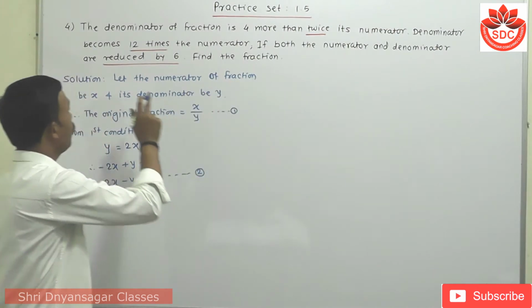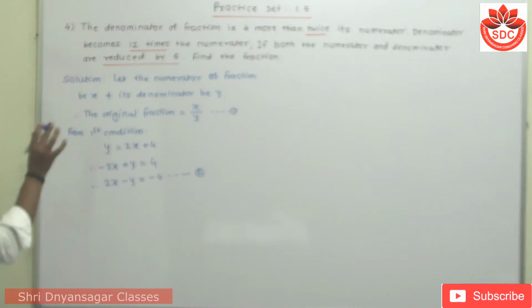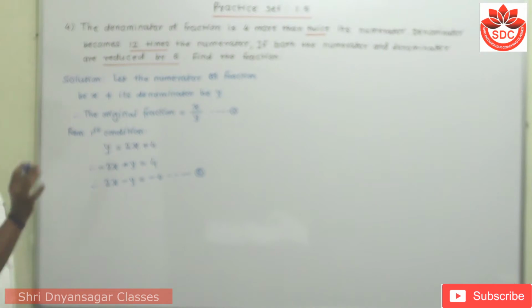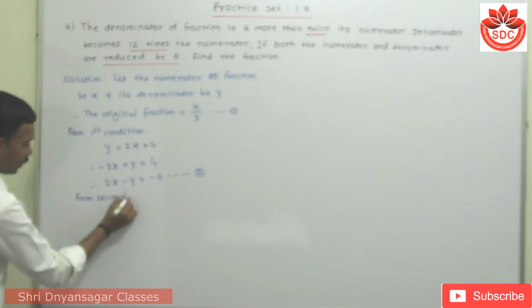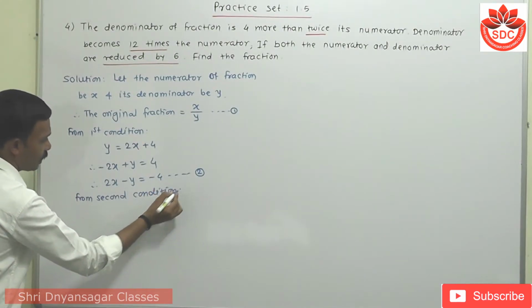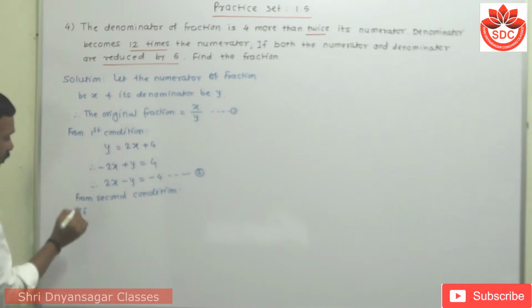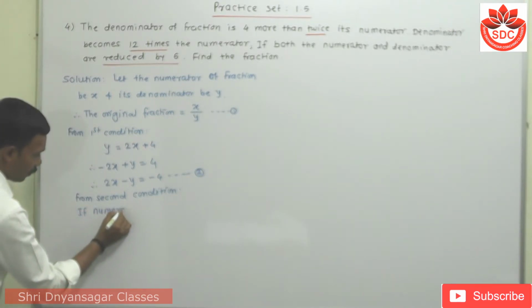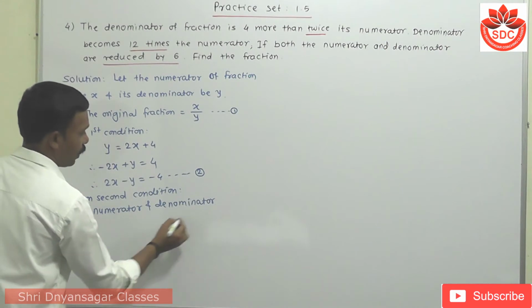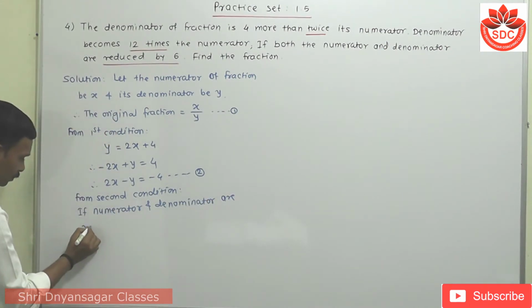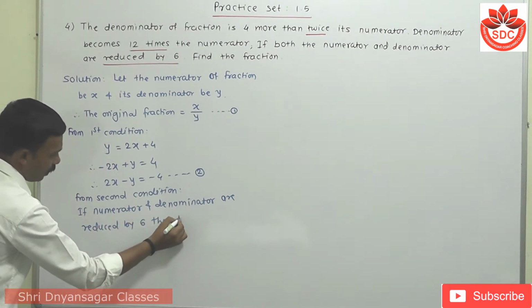If both the numerator and denominator are reduced by 6. Suppose from the second condition, the numerator and denominator are reduced by 6.